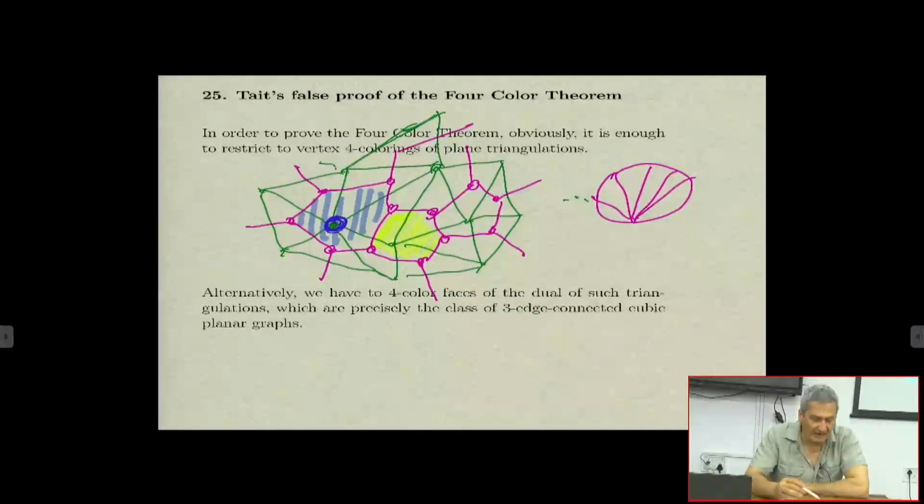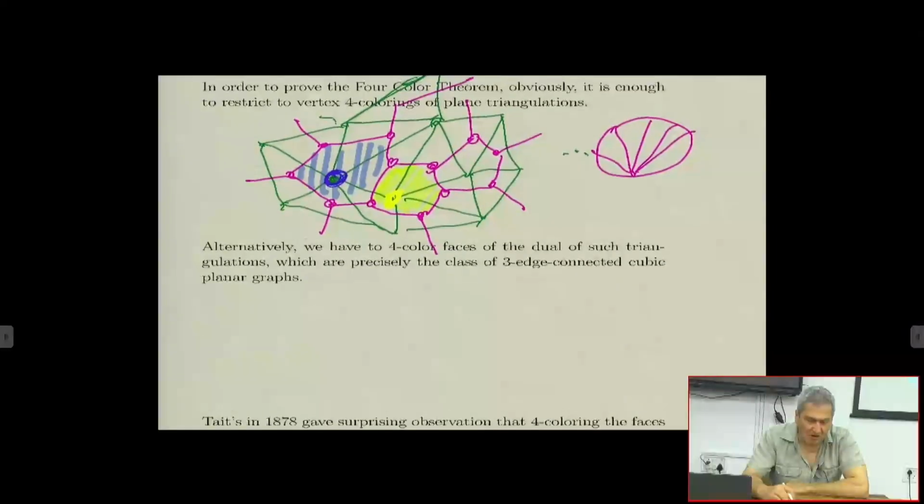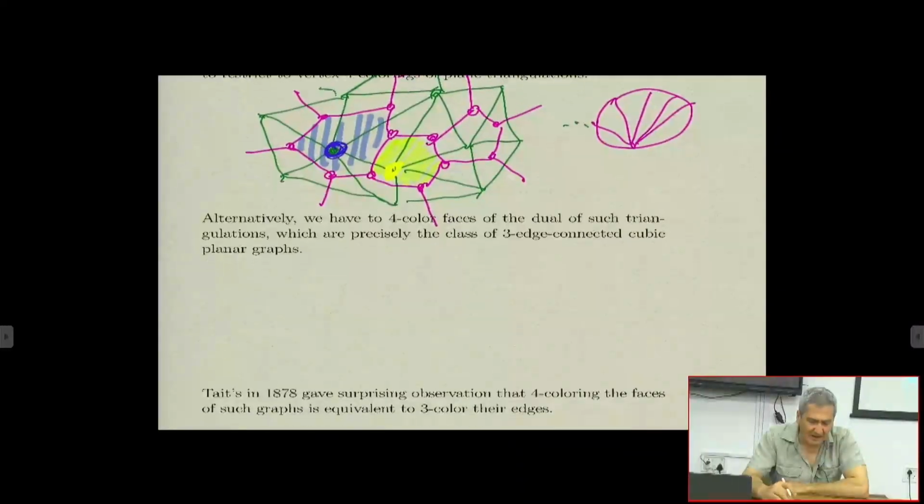And if we go back to the original graph, we can put here the yellow color. It is like coloring this vertex yellow. Do you agree with this? So this way, instead of coloring vertices, we will color the faces of the dual graph.